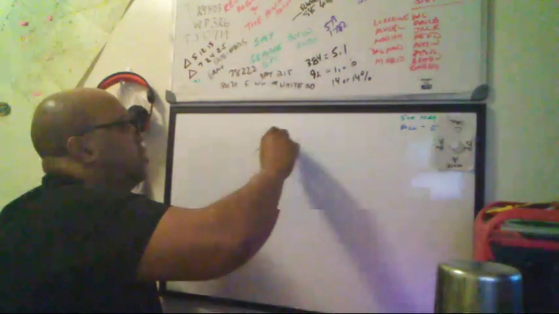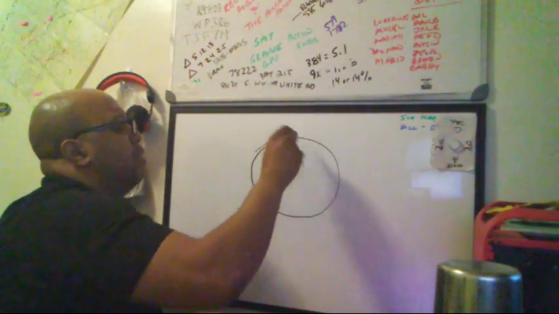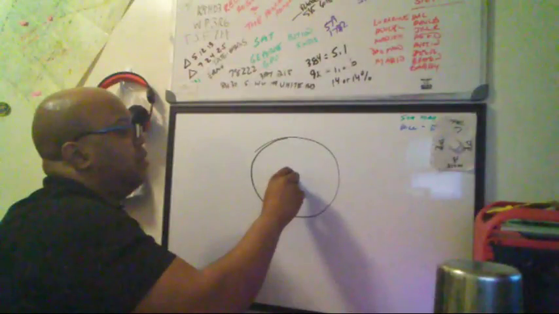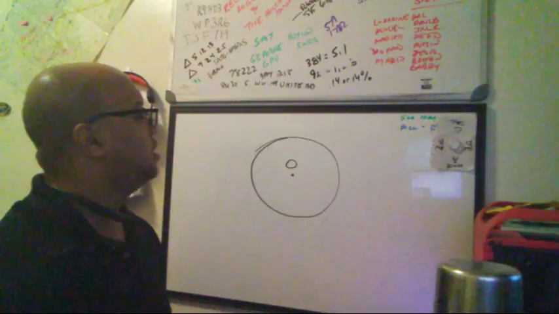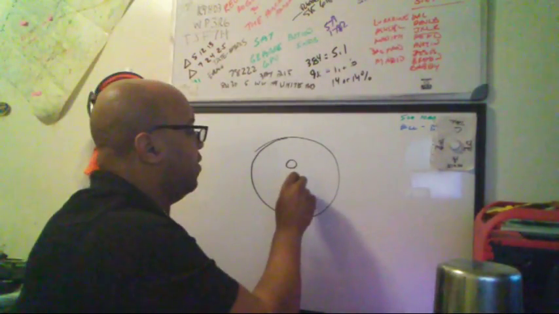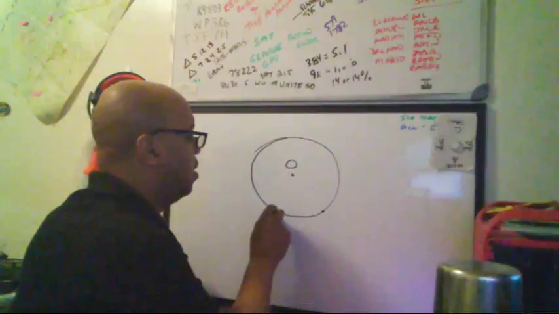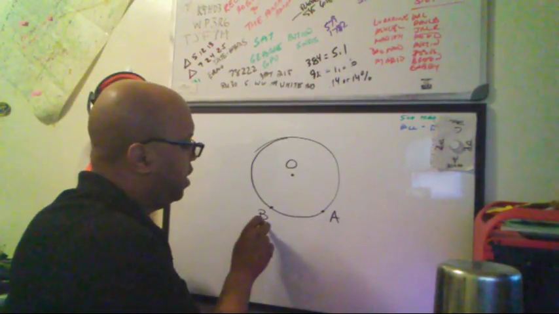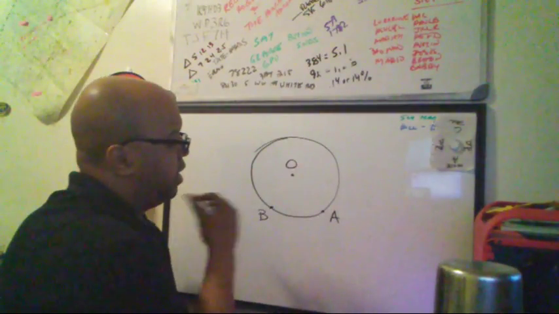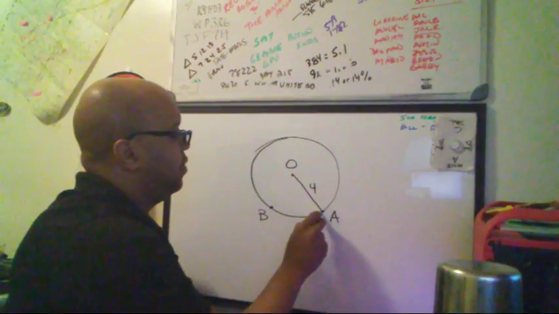We have a circle. This is point O. And what the question is stating is that we have point A, point B, and they said that this length is 4, and this length is 4.